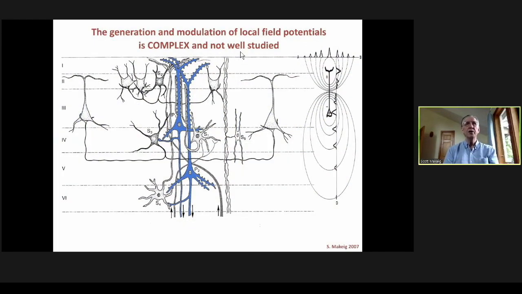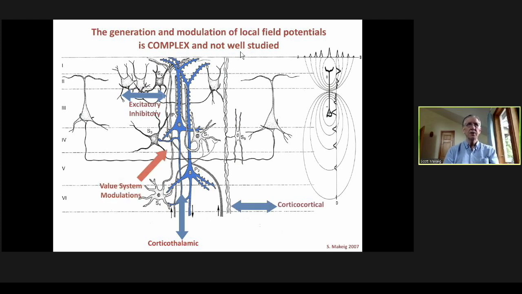We know that EEG at the source level of the cortex is complex and not well studied. There are many influences within or on the cortex that are known to modulate the EEG rapidly in most cases. And there's a lot that hasn't been studied about those interactions.